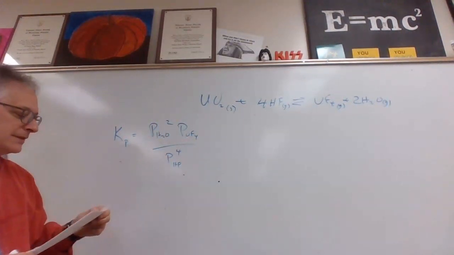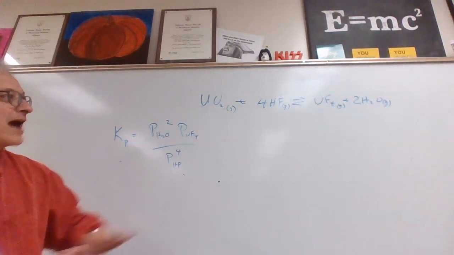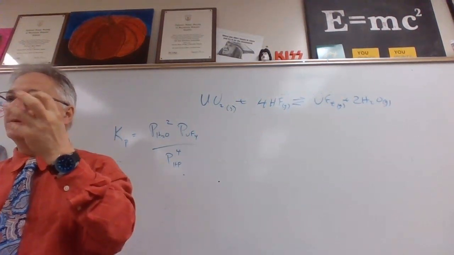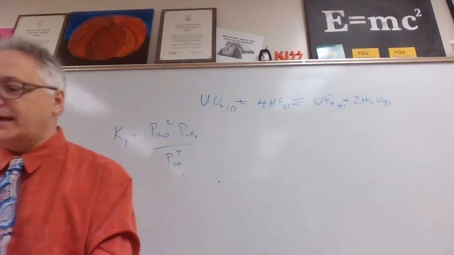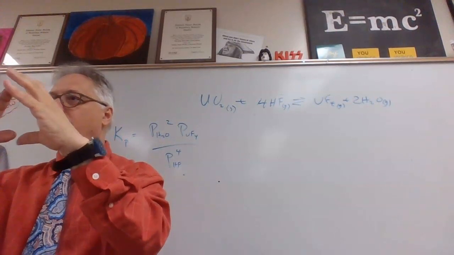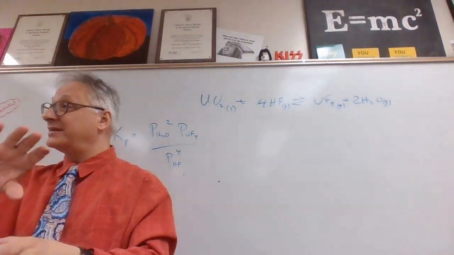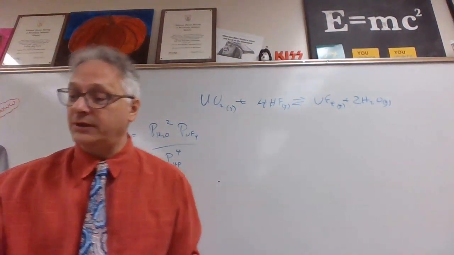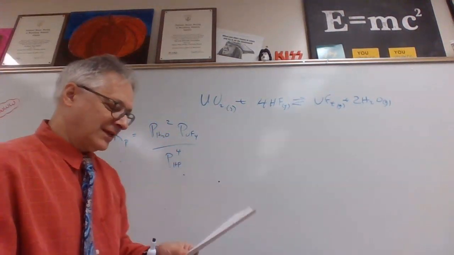Now, what happens if the reaction is performed in a glass container? Hydrogen fluoride has a unique property of being able to attack glass. Have you ever seen glass that looks kind of opaque, or what's the word I'm looking for, frosted? If you put hydrofluoric acid in a beaker or something like that, it'll attack that glass and make it look frosted. That stuff is very dangerous. It's a very interesting chemical.